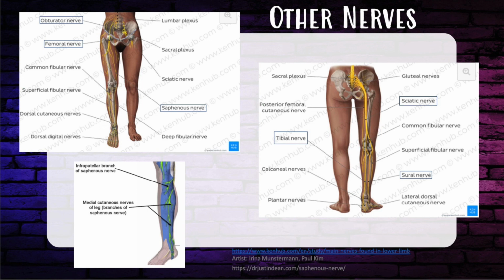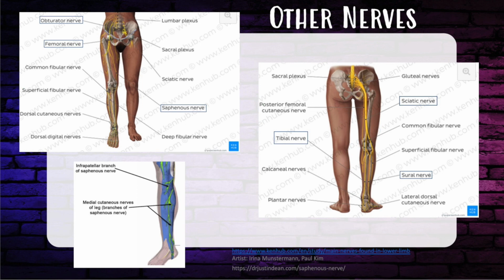Next, the tibial nerve. So this is a very important topic and is highly tested. So the tibial nerve is a branch of the sciatic nerve. It travels through the popliteal fossa and branches to the gastroc, soleus, plantaris, and popliteus. It also supplies the deep posterior compartment, which is the flexor digitorum longus, the flexor hallucis longus, and the tibialis posterior.